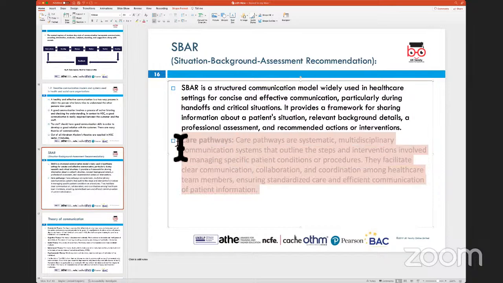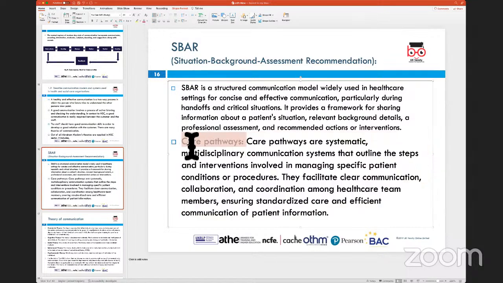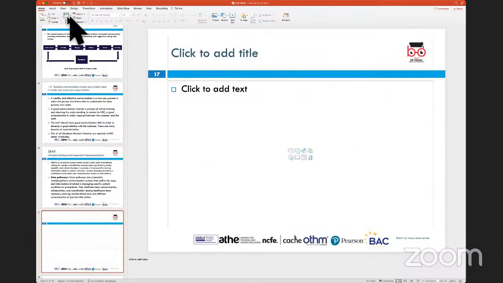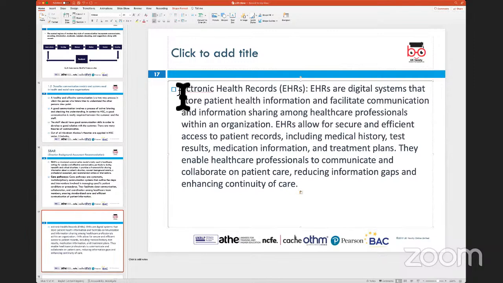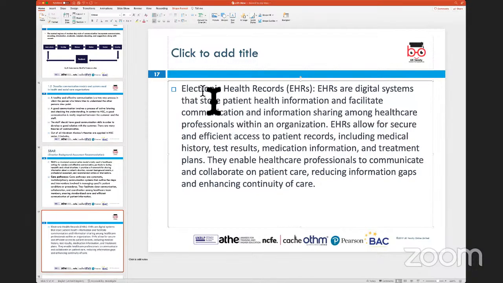Now, when we in general talk about care pathways, they are normally very clearly defined within a particular setup, and these care pathways would be utilized by nurses, healthcare assistants, doctors, or any relevant medical staff while they are talking about any sort of care being provided to the patient. Now, we also talk about electronic healthcare records, EHRs as we call them.